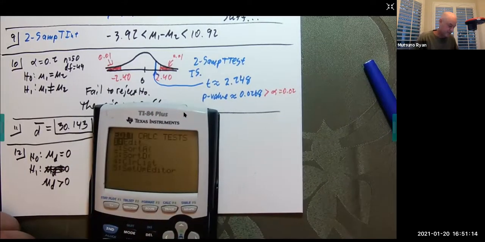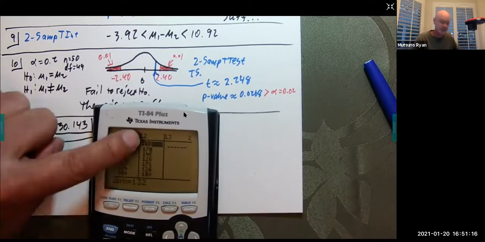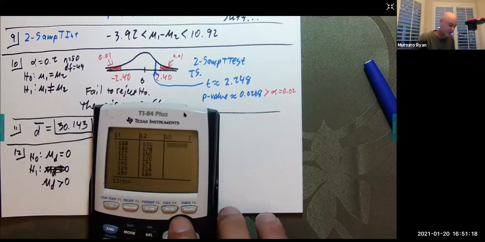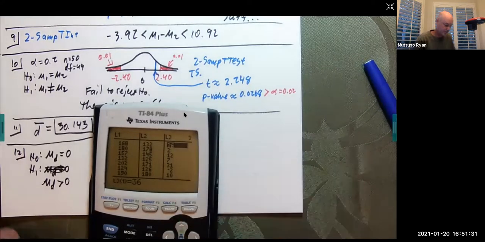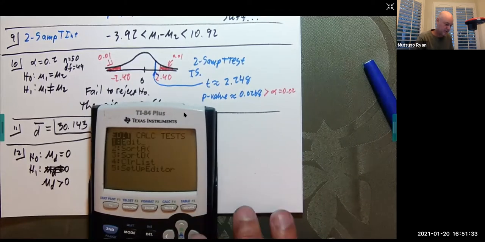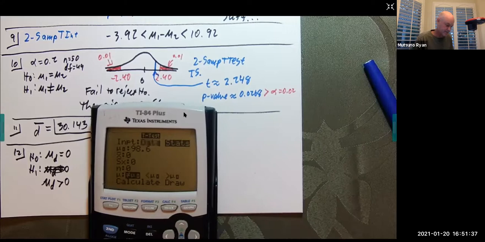Once again, I paused it so that I could enter in list 1 and list 2, this new data. I'm going to do my little trick again. I'm going to go up to L3 and I'm going to go L1 minus L2. Bam, there it is. And now I'm going to run a t-test on list 3. And for this, I have data. And this is 0.